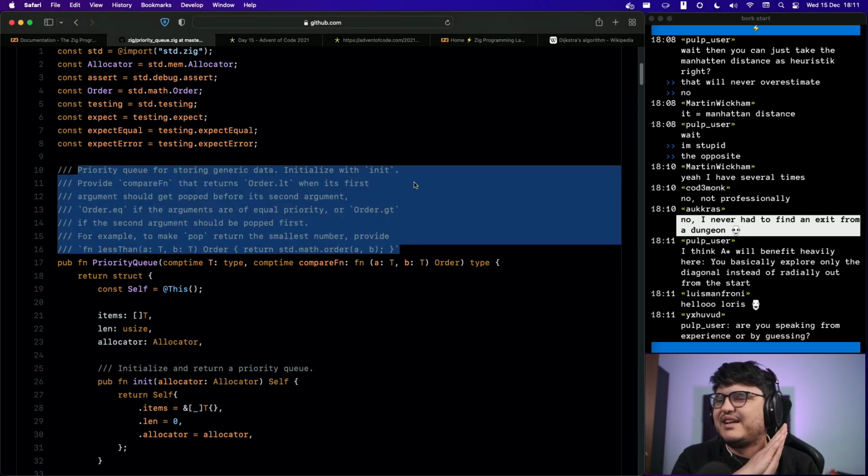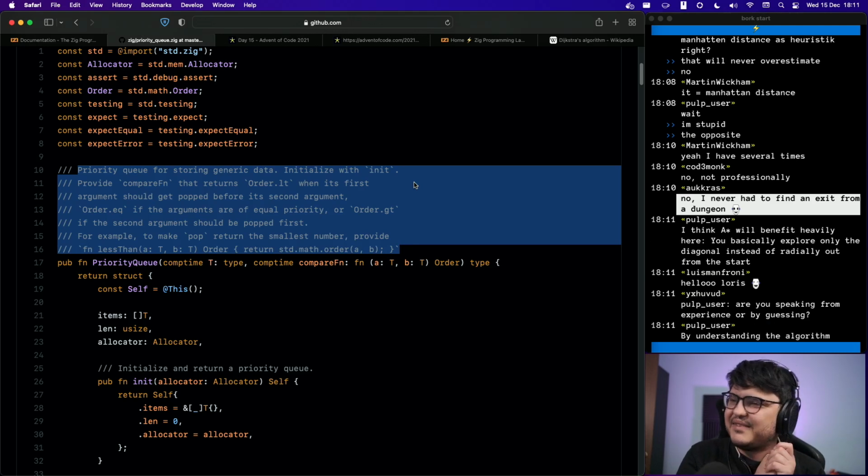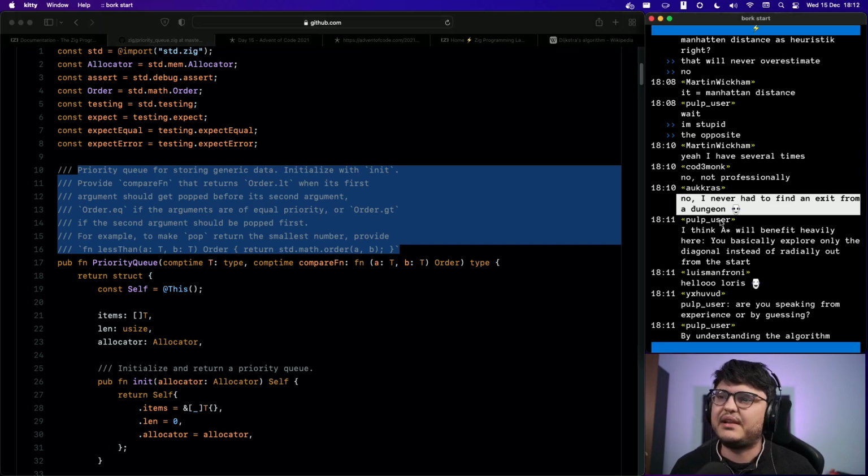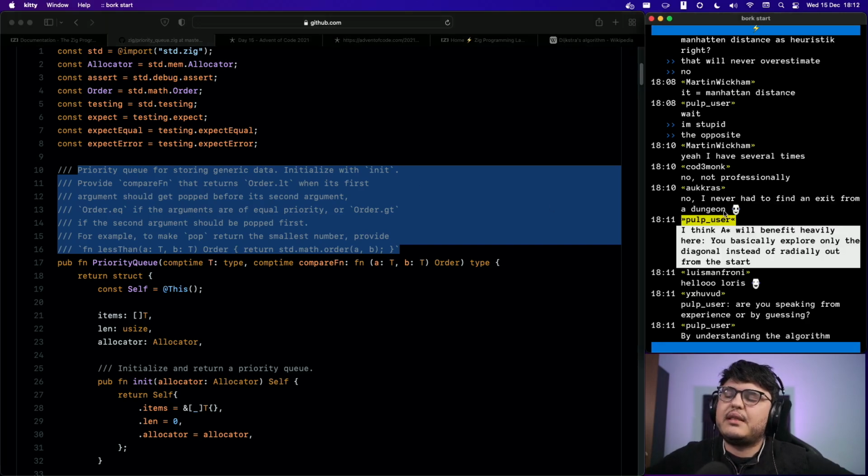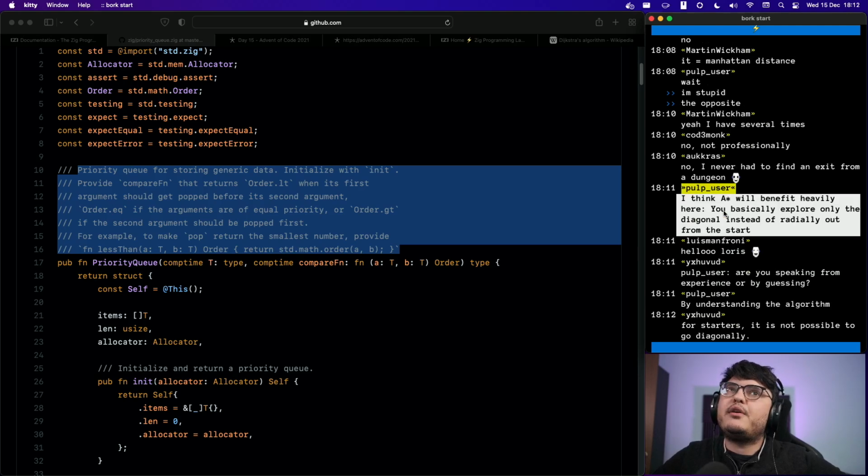I think A-star will benefit heavily here. You basically explore only the diagonal instead of radially out from the start. I mean, you will prioritize that.